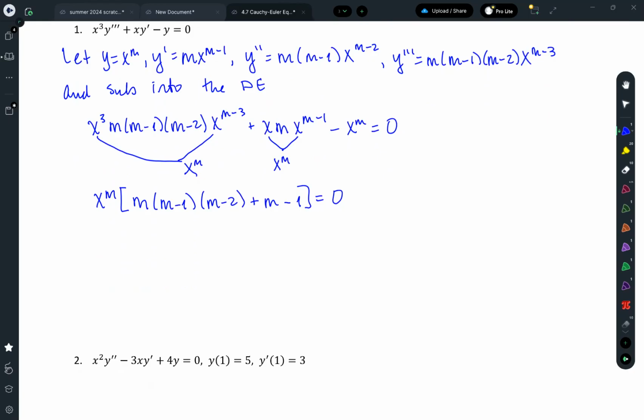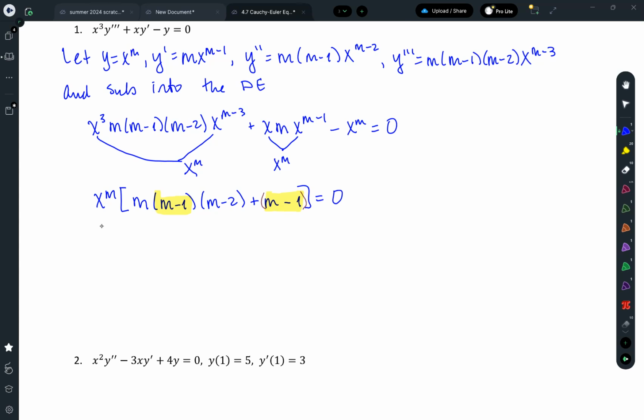And before I start multiplying everything out and making this kind of hard for me to factor, I want to make note that, if I am creative in how I look at this, I have an m minus 1 common in 2 terms. And so I should be able to factor that out. And that will help me a whole lot, because then when I multiply everything out that's left behind, it's just going to be a quadratic.